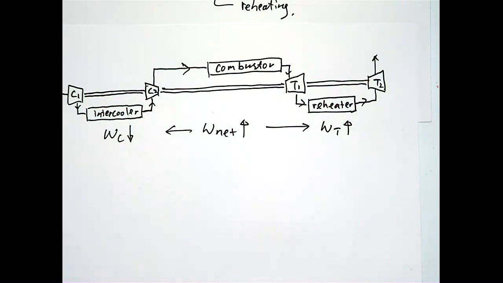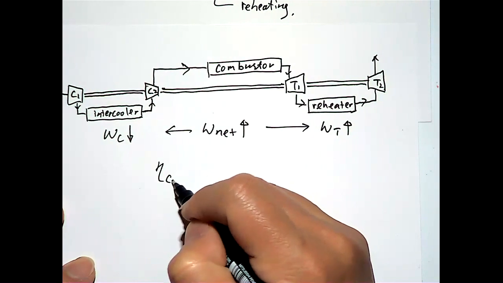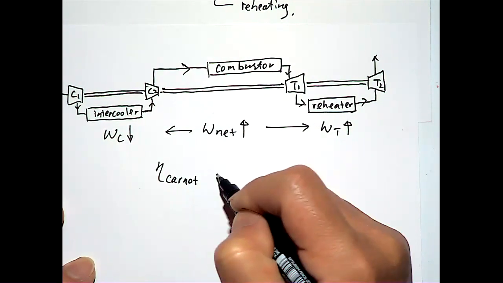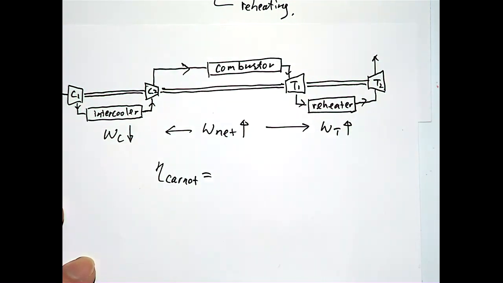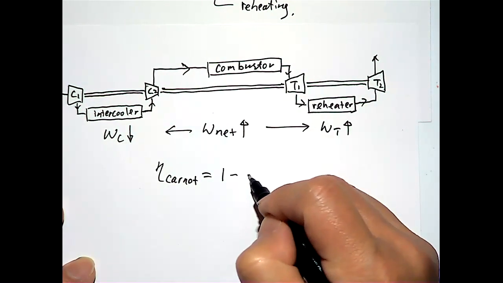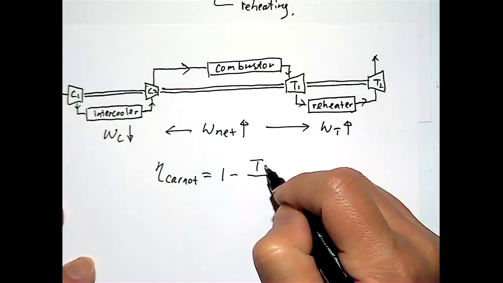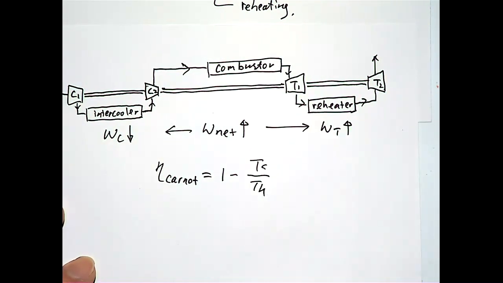The thermal efficiency is lower, and the reason for that is if you're looking at the Carnot cycle, or the theoretical cycle in terms of efficiency, we learned that this can be written as T cold over T hot.